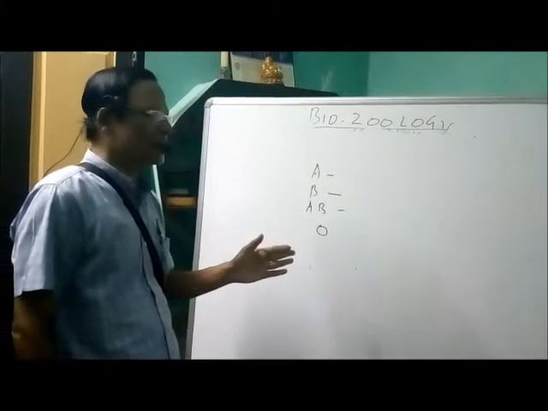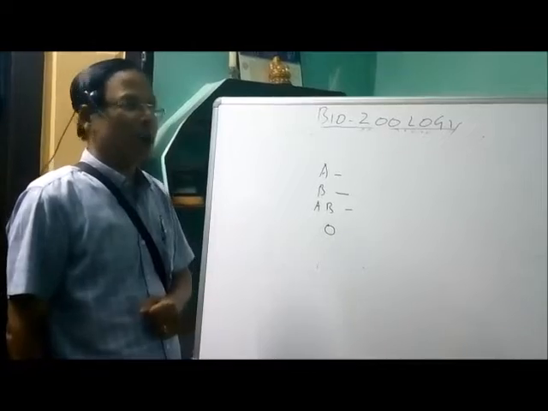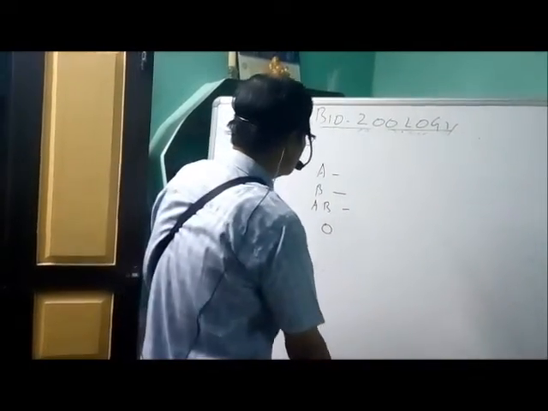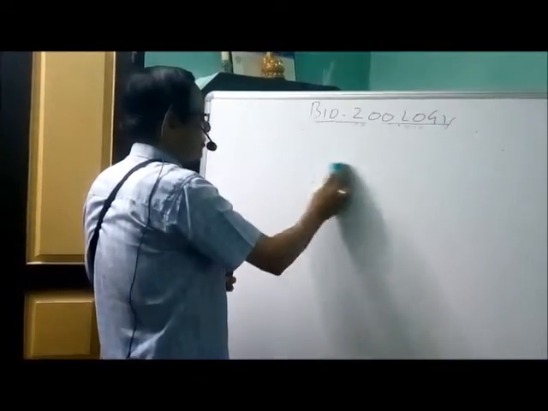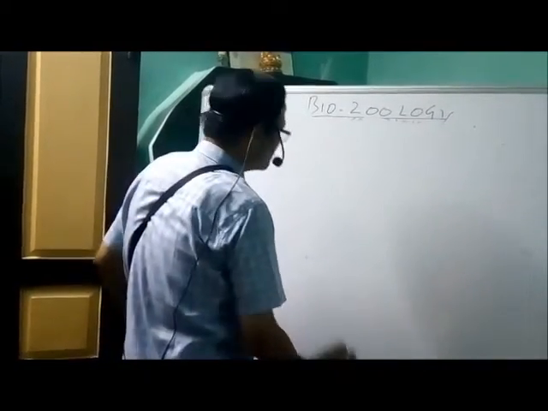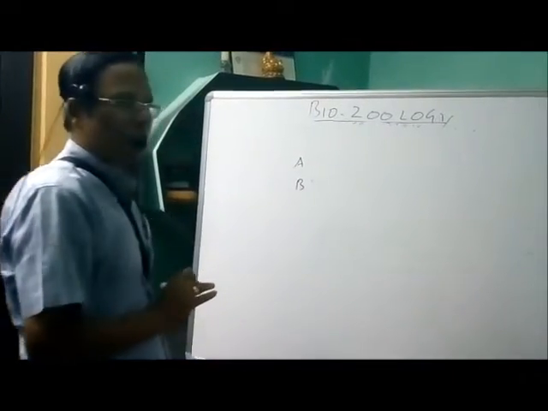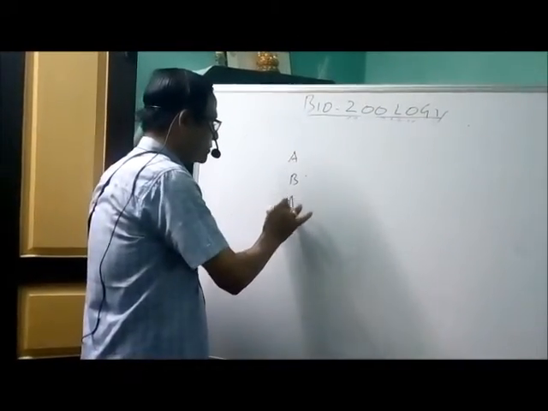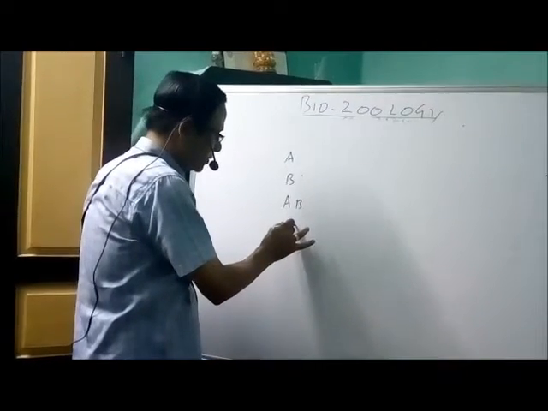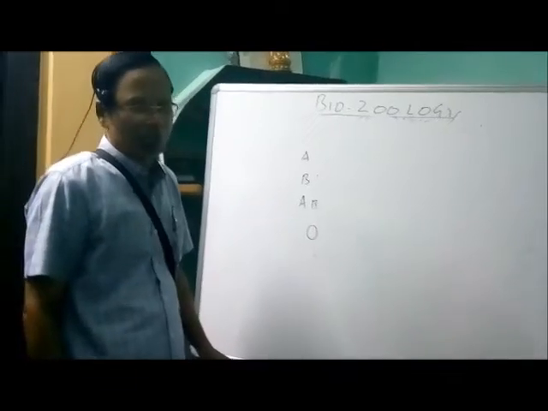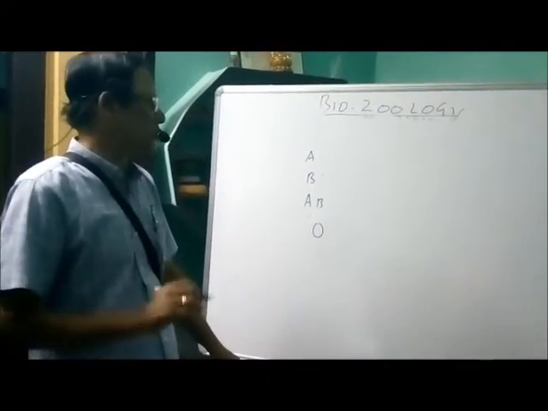So the reaction occurs in the plasma, leading to the clumping of blood cells. We have already discussed this. What type of antibodies does a person with A blood group have, what type with B blood group, and what type do persons with AB blood group and O have? We have a clear-cut tabulation from last year and this year also.